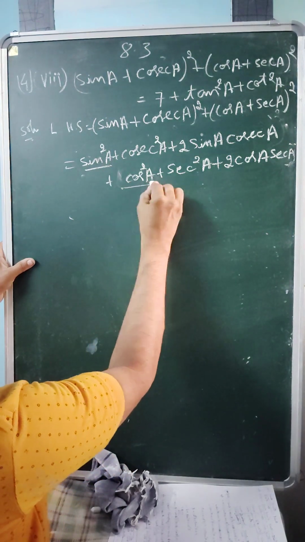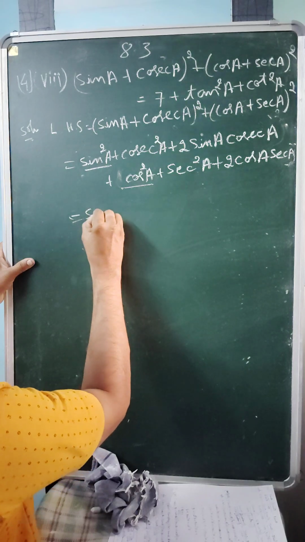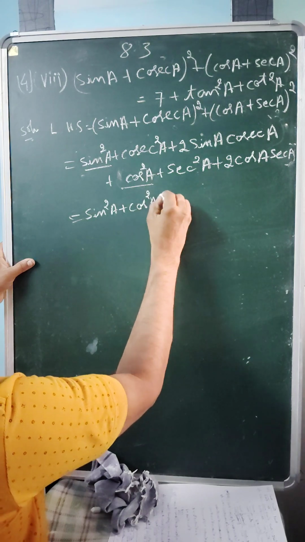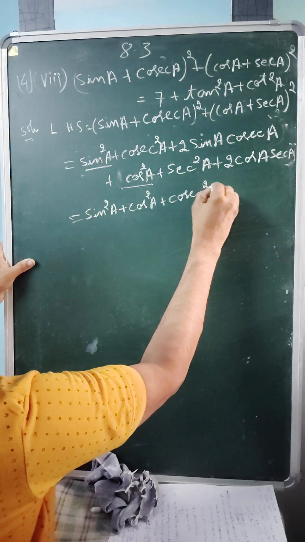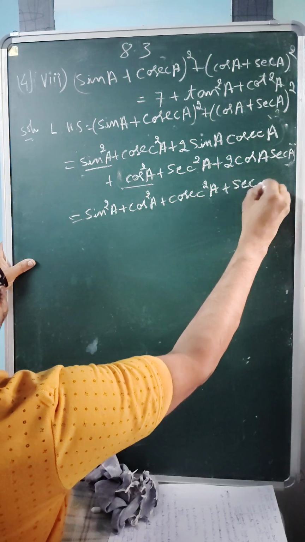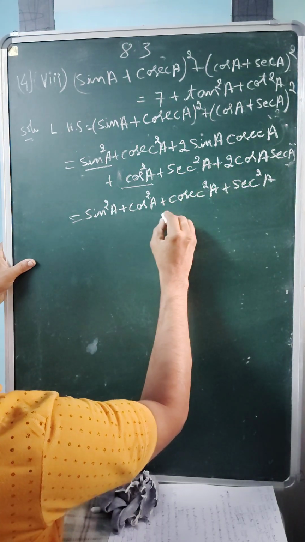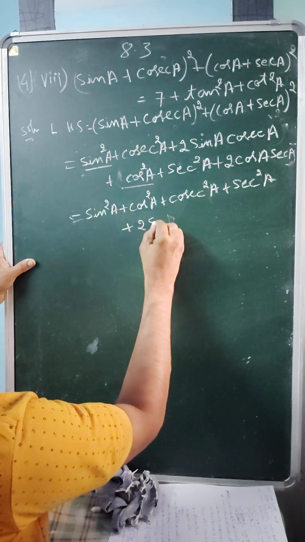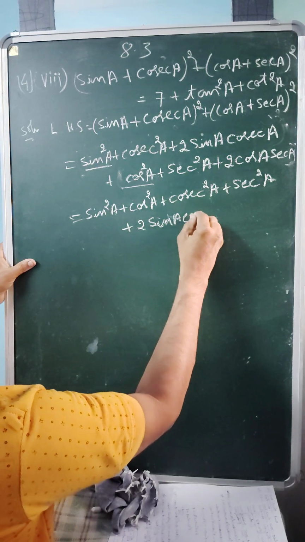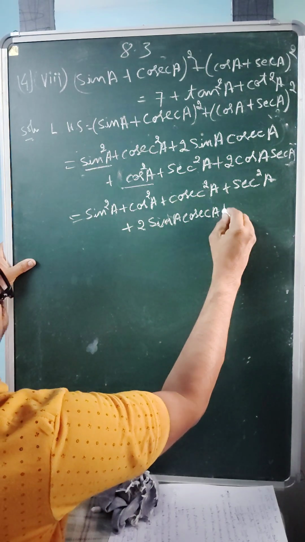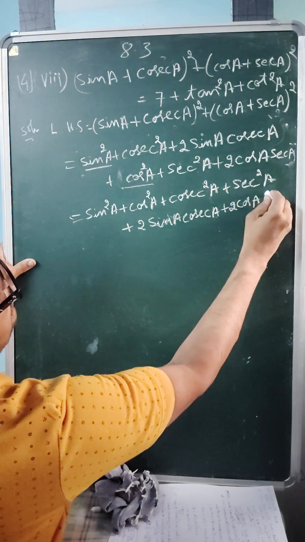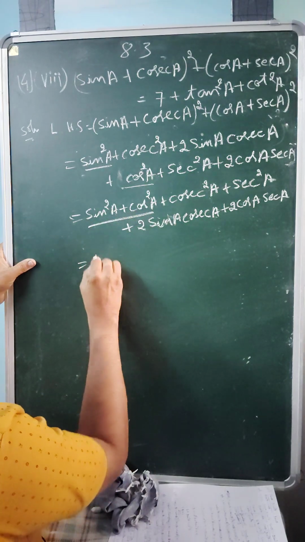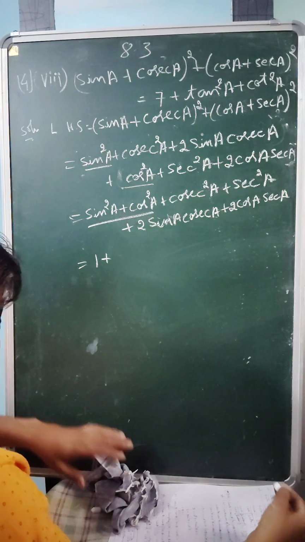Then sin square A plus cos square A plus cosecant square A plus secant square A. Left behind is 2 plus 2 sin A cosecant A plus 2 cos A secant A. Here sin square A plus cos square A is equal to 1.